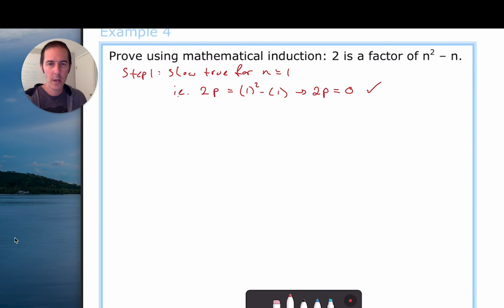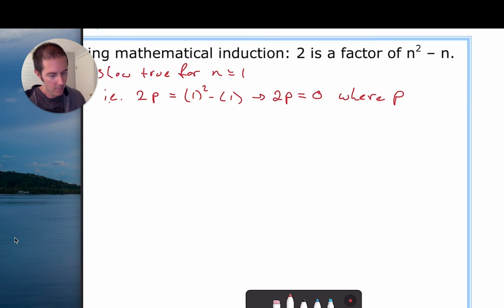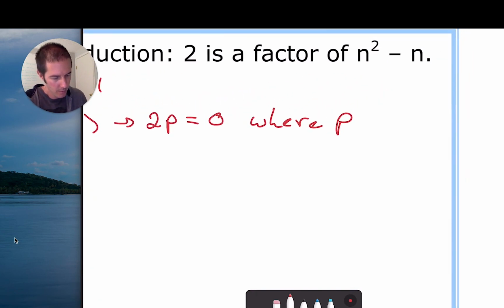Show true where n equals 0, where p is a member of the set of integers.